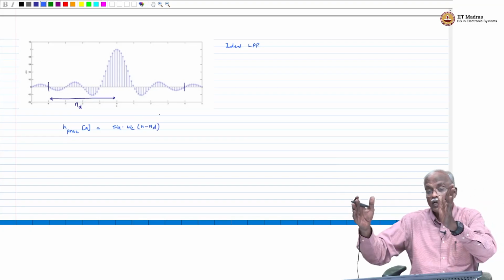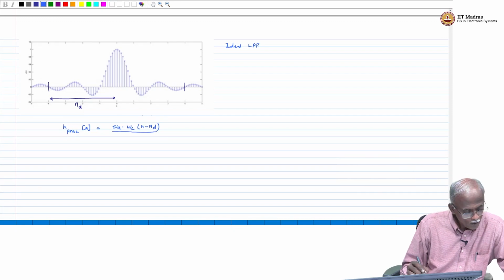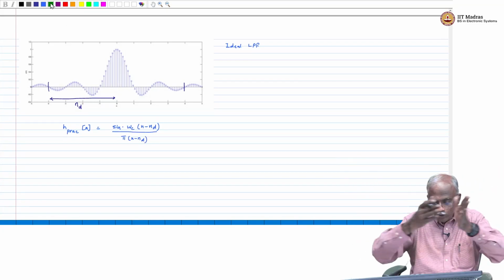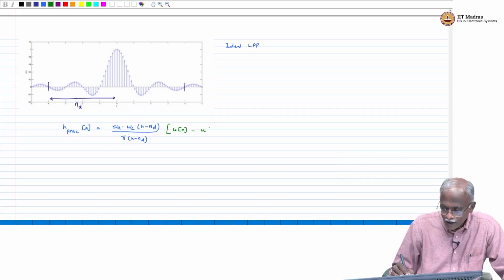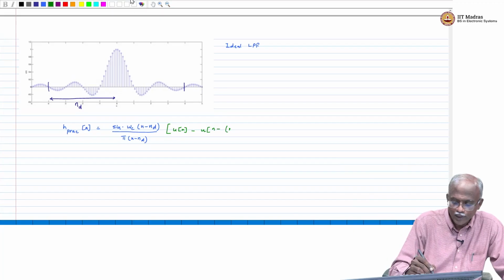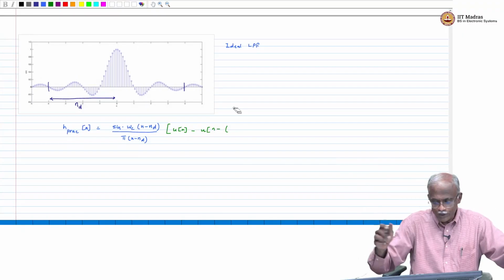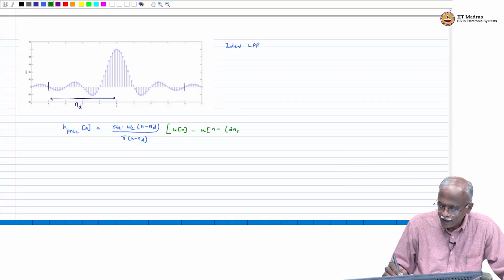I'm going to delay it because only a causal function can be realizable. And there's going to be a rectangular window of this duration. So this will be multiplied by u of n minus u of n minus 2 ND plus 1. So from minus ND to plus ND, 2 ND plus 1 is the length of the window.